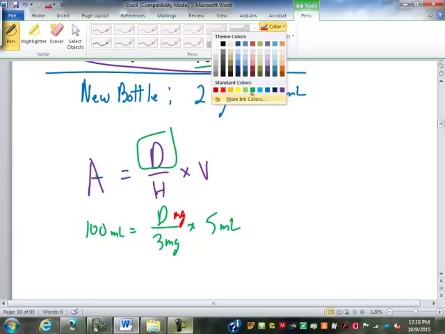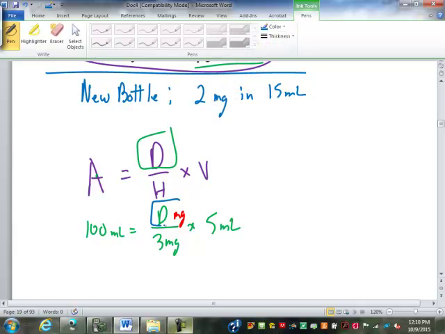To solve for D here, I'm going to divide by the 5 milliliters. Now the reason I divided by that first instead of multiplying by the 3 milligrams is this is milliliters. So dividing by the 5 milliliters not only gets rid of the 5 milliliters, but it also gets rid of the units on this side. So the milliliters cancel out. 100 divided by 5 is 20.